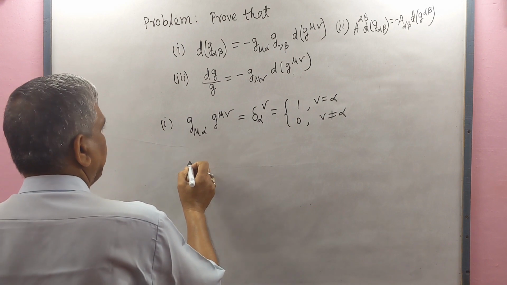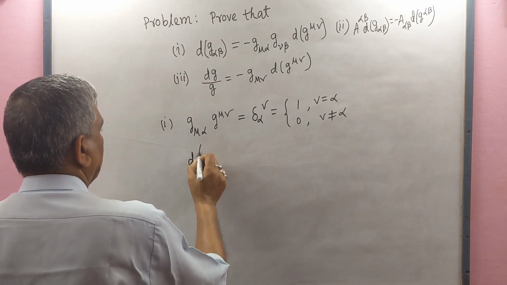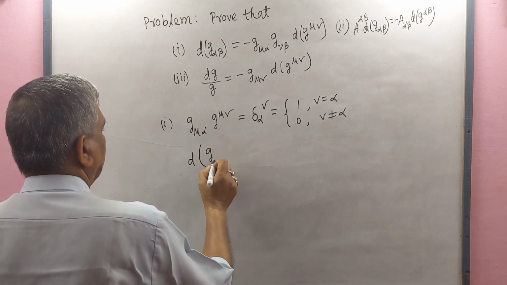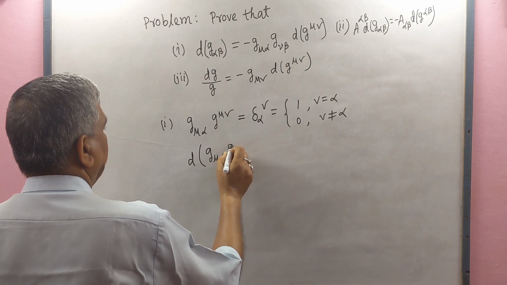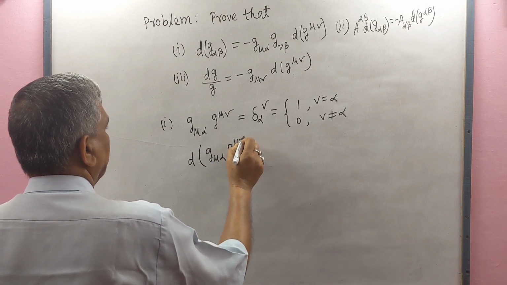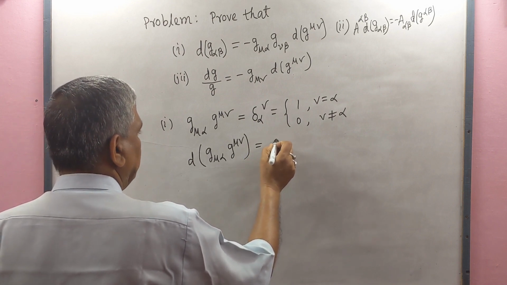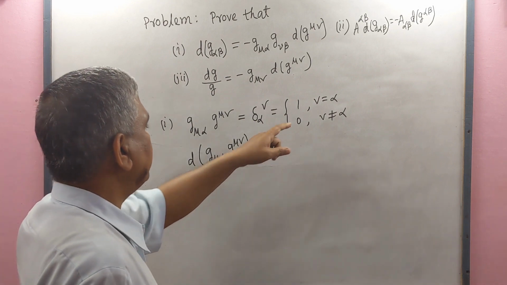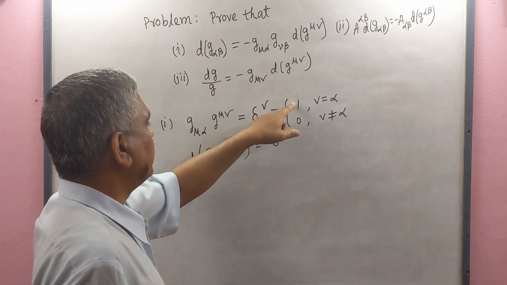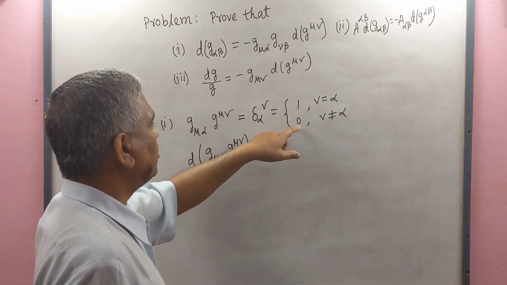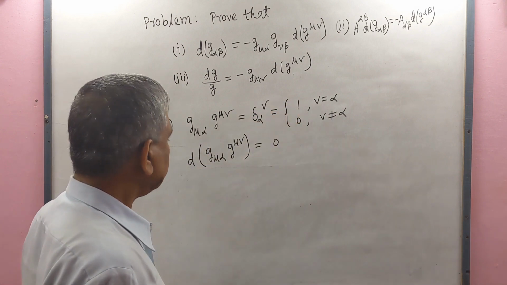Differentiating both sides, d of g^mu alpha g_mu nu equal to 0, as the right side is 1 and 0, and the derivative of 1 and 0 is 0.